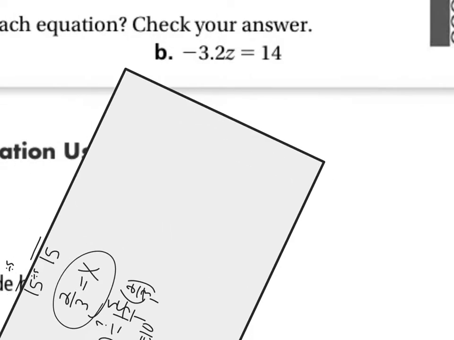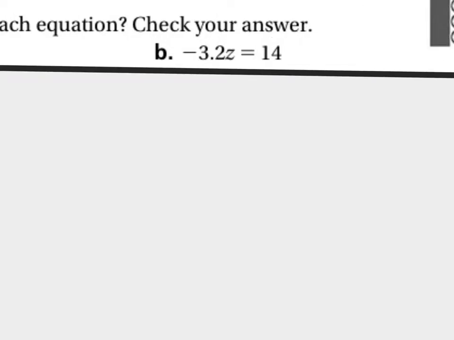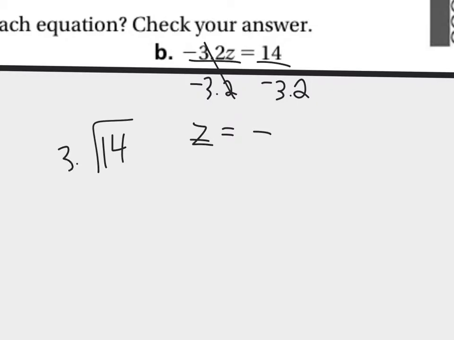Part B. This problem, they are multiplying, so we need to divide by -3 2/10. One thing we should notice when we do that is that we're doing a positive divided by a negative, which is going to give us a negative answer. If we have time, we could do this by hand. Remember, you can't have a decimal on the outside when you're dividing.